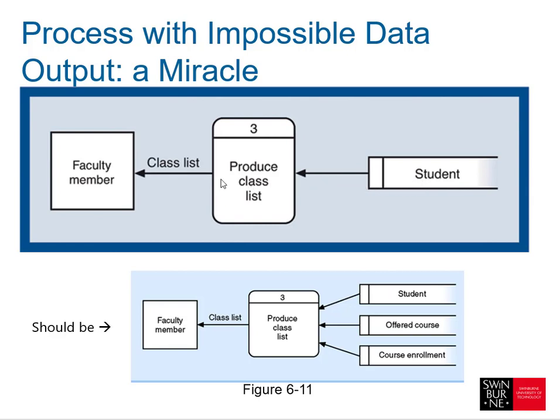No, you can't. So this is a miracle. How could you produce this information with only the student information? So that is wrong. What we need to do is, in order to produce the class list, we need the student information, we need courses offered, and we need course enrollment details. Once we grab all these three pieces of information, only then can we produce the class list. So this is a miracle. So please avoid the miracle.